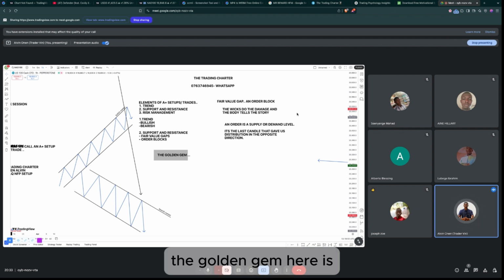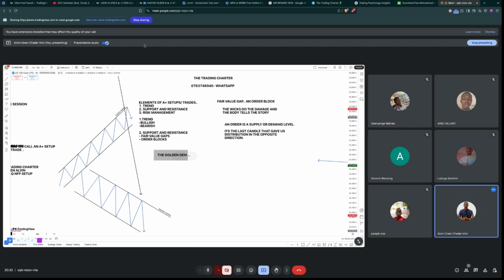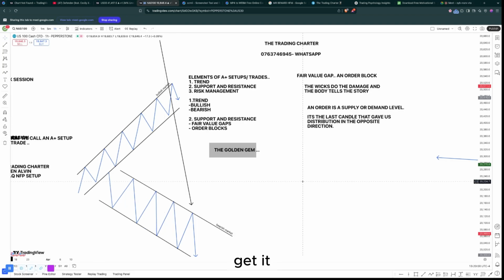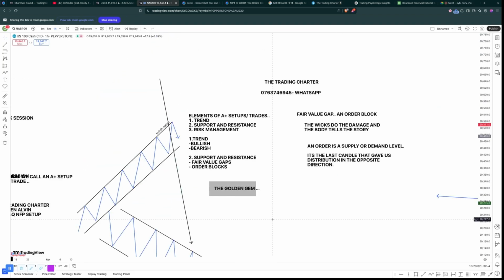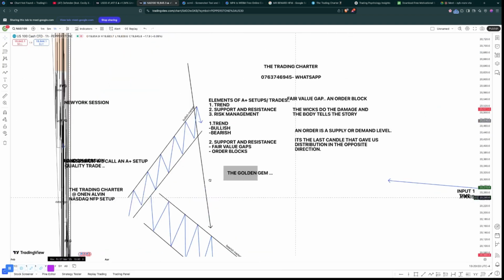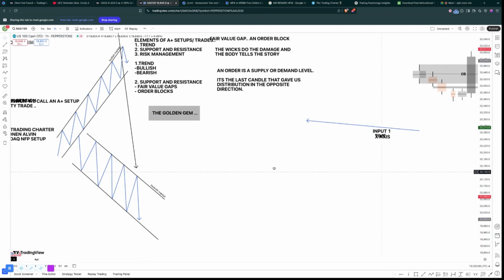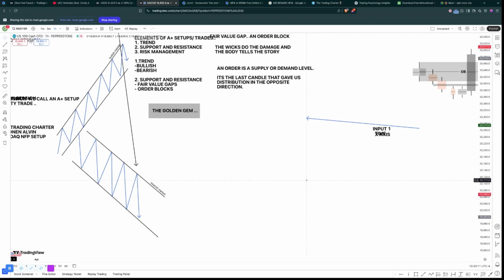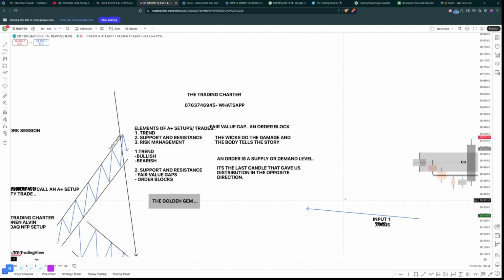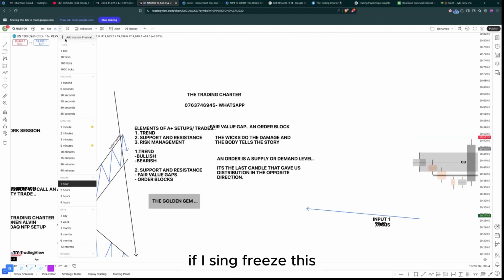And now, the golden gem here is, get it? Where is it? So I made some, let me first increase this.